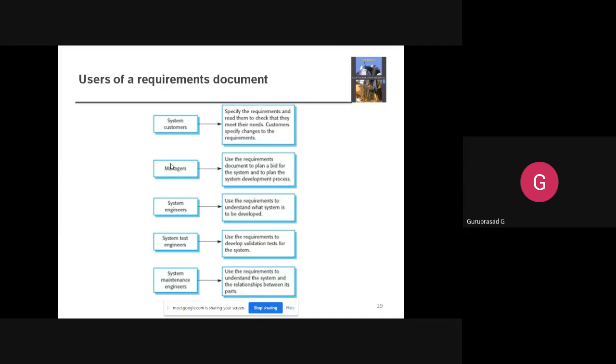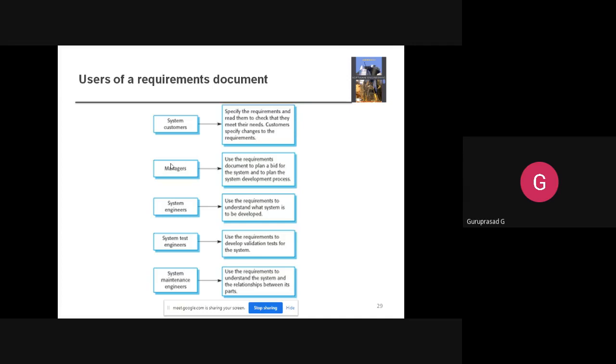The testing people. So they need the requirements document. Why? Because they have to cross check what was expected and what the output is. Because if you specify in the requirements document that this is the input and this is the output, when the software is developed, they need to cross check whether it is really met or not.